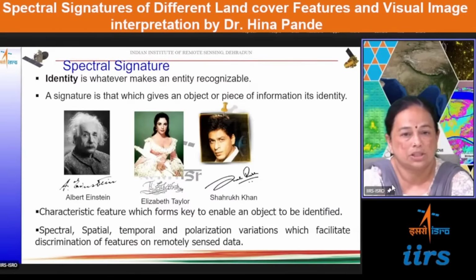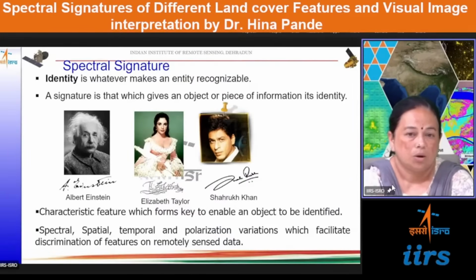Now, these signatures can be based on spatial, spectral, temporal, and polarization variations, which will facilitate the discrimination of features on remotely sensed data.